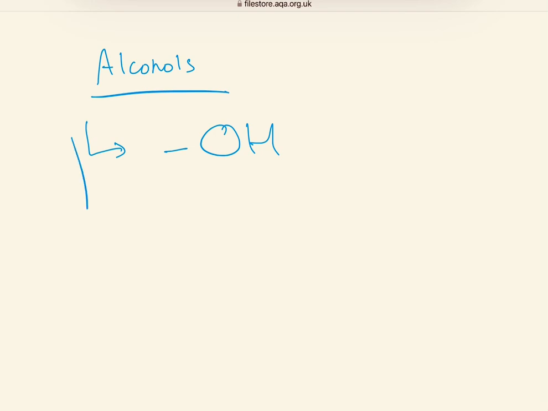I'm so annoyed. Alcohols and carboxylic acids. Okay, alcohols. We're not done. Alkenes and alkanes aren't the rest of it. What is the functional group of an alcohol? OH. Okay? So I could actually make a general formula.